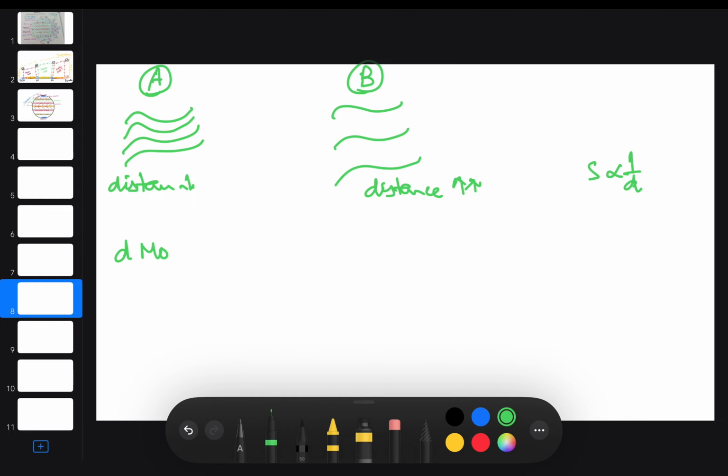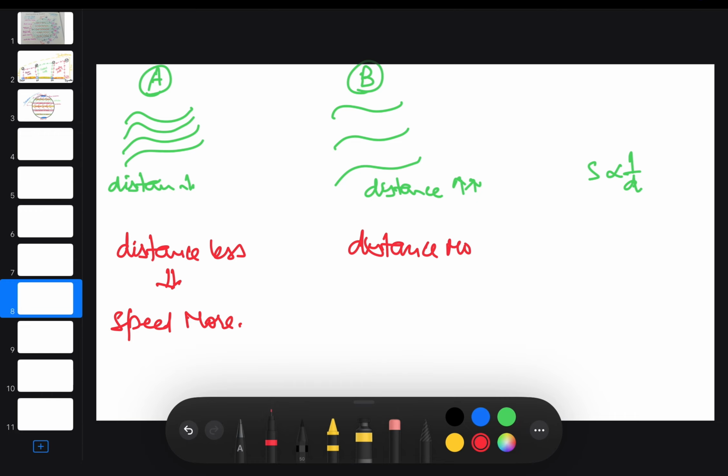In case of A the distance is less, so the speed of the wind is more, and in B the distance is more, so the speed of the wind will be less.